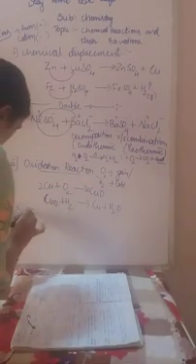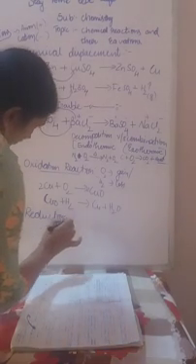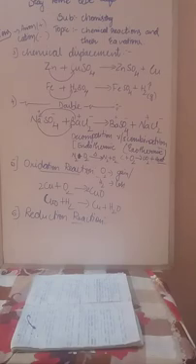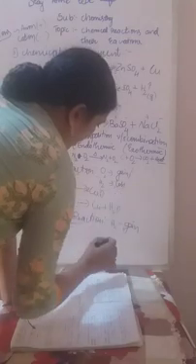And the last one is the reduction reaction. It's vice versa, I mean it's the opposite of the oxidation reaction. Here there is gain of oxygen, but in reduction there is gain of hydrogen, and the next thing you can assess is the loss of oxygen.